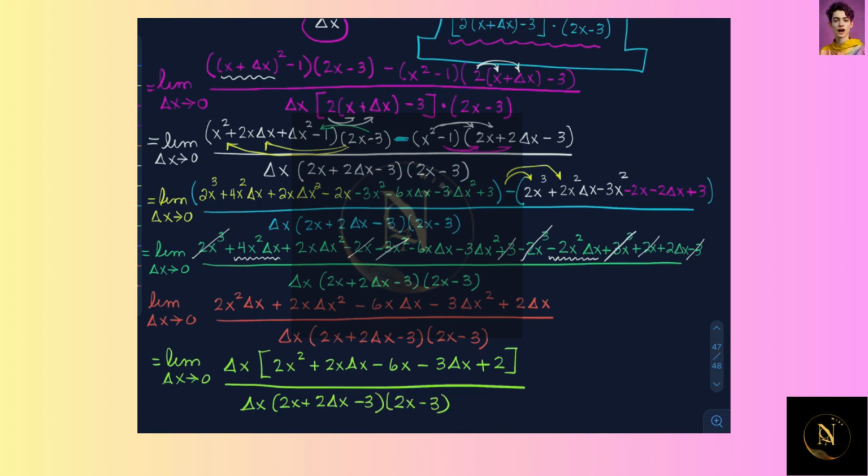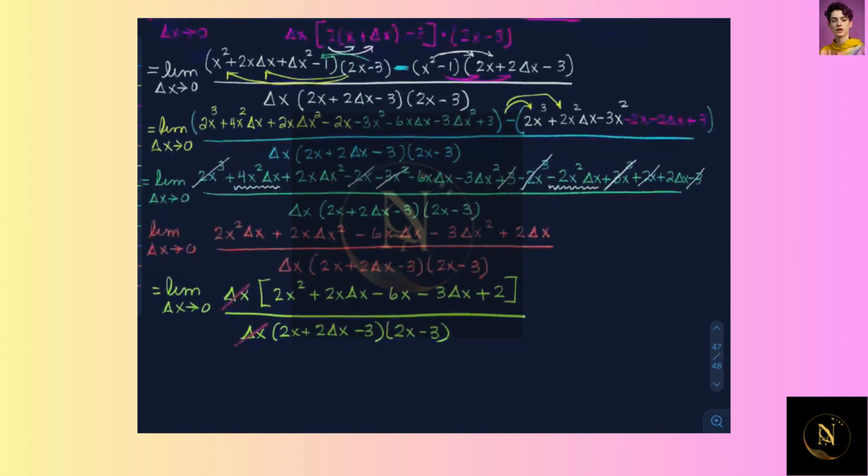And in turn, the delta x in the numerator will cancel with the delta x in the denominator. At this point, you can now do direct substitution and substitute 0 in for all of the delta x's.